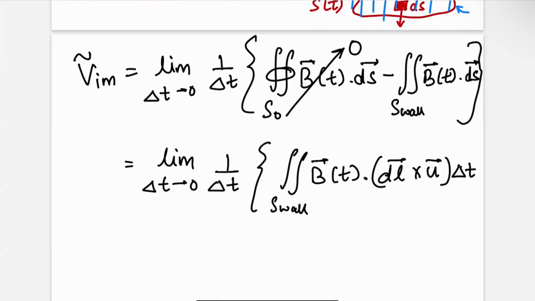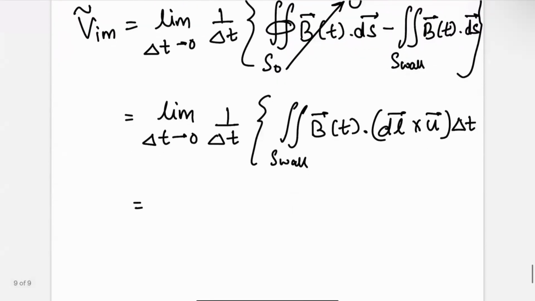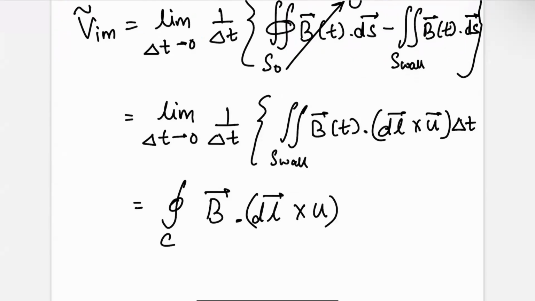Then take the limit. So once you cancel the delta t and take the limit, the wall collapses into a contour, right? So this side wall, as you take the limit delta t goes to 0, becomes smaller and smaller and smaller, and ends up with 0 height eventually. And a wall with 0 height is nothing but a contour, right? So this becomes a contour integral of B dot dl crossed with u.